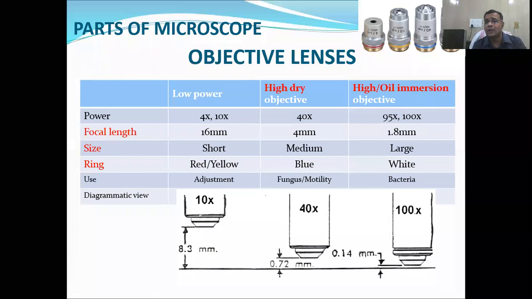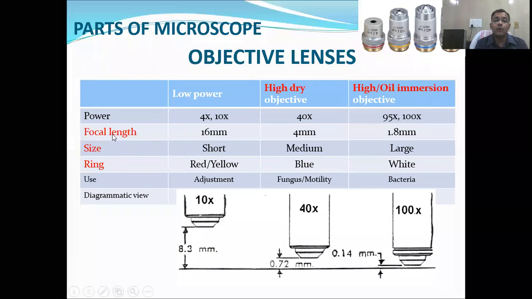Why is it known as oil immersion? Because it requires oil when you are going to view an object. Low power is generally 4x or 10x, high power generally 40x or 45x, and oil immersion is around 95x to 100x power.